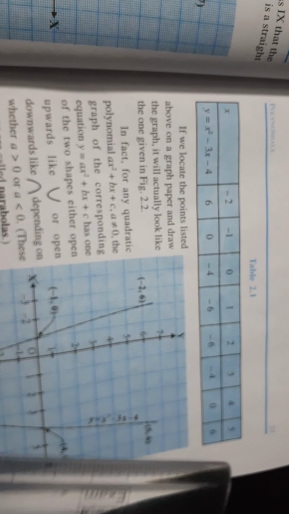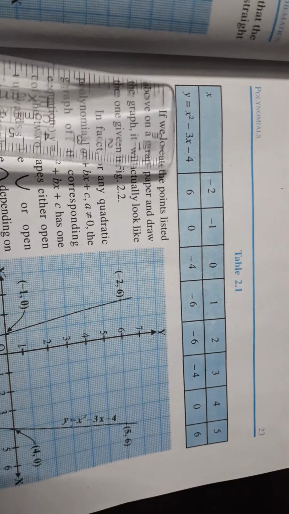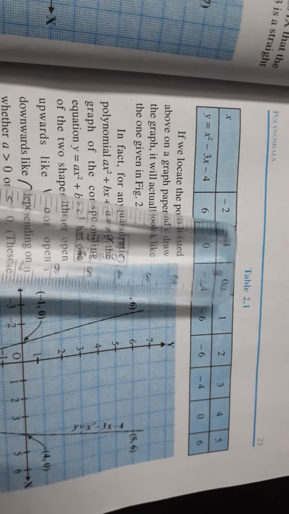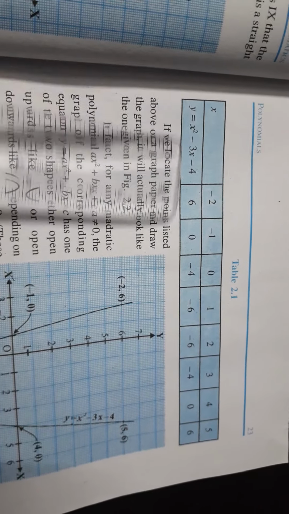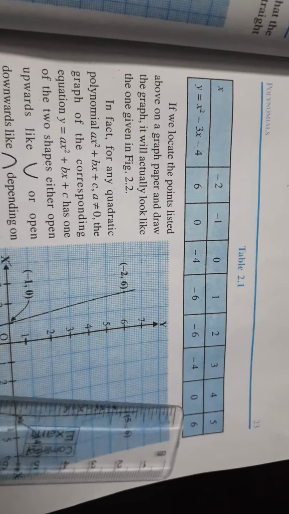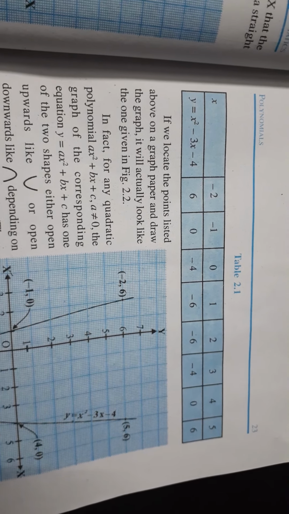Take one more example, for a quadratic polynomial. Take the values for x from minus 2 to 5. y is equal to x square minus 3x minus 4. Apply each value in this y. We get the y values. See the graph.